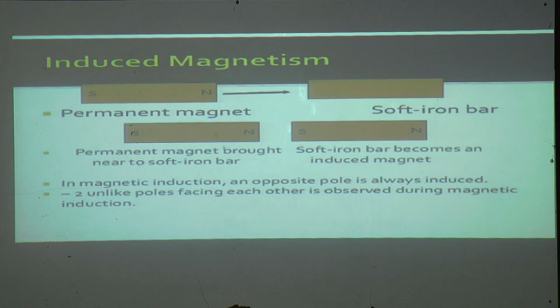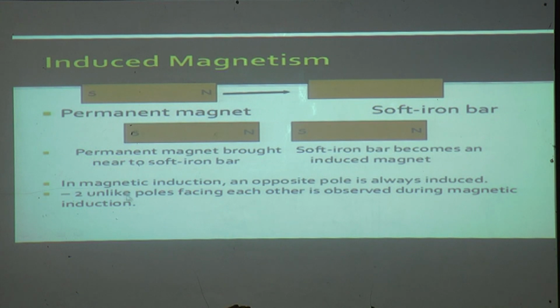When we bring this permanent magnet near to this soft iron bar, it will change into an induced magnet. So in magnetic induction, an opposite pole is always induced.